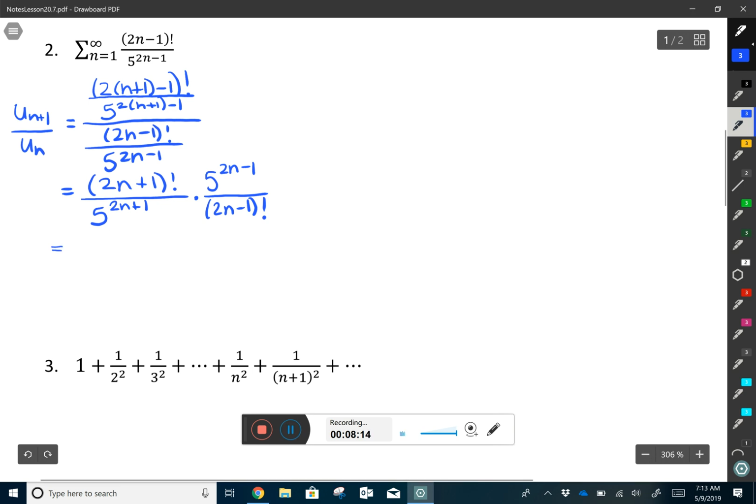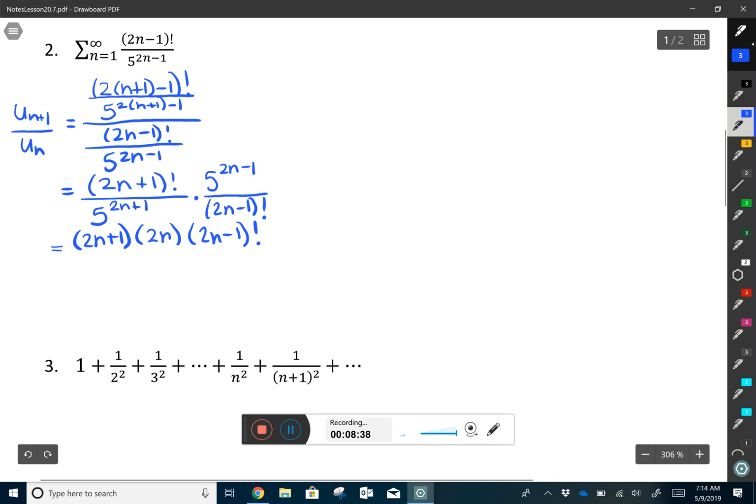So with the factorials, you can expand one out until it cancels with the other. Which one's bigger, the 2n plus 1 factorial or 2n minus 1 factorial? Okay, so we're going to expand 2n plus 1 factorial. So 2n plus 1, what do I multiply by next?